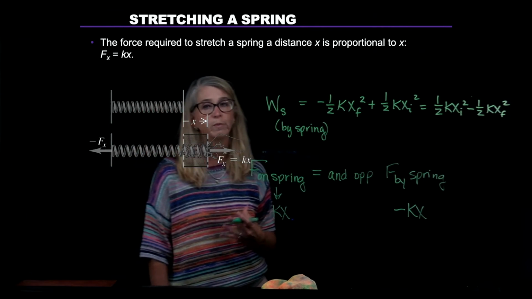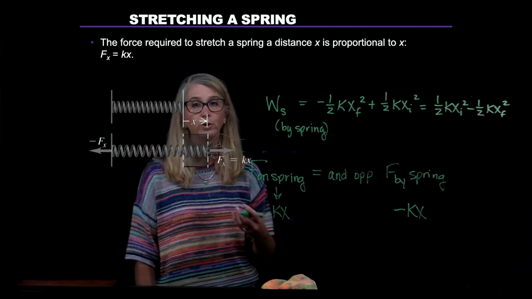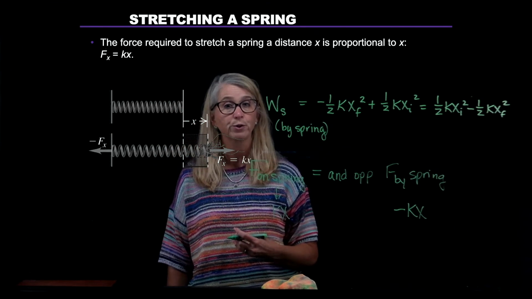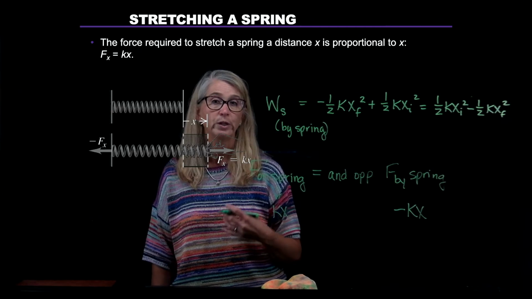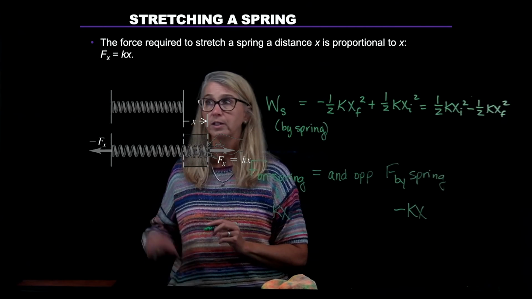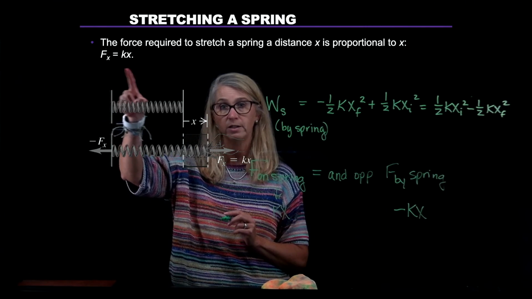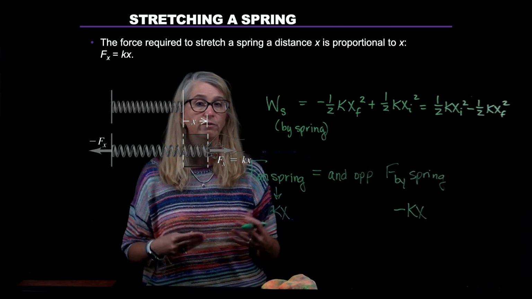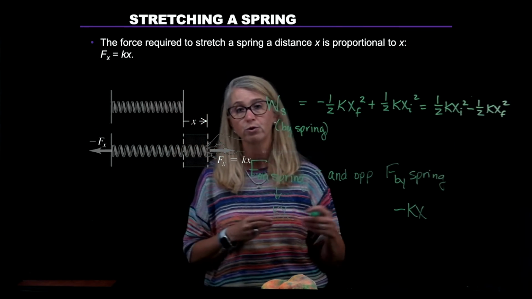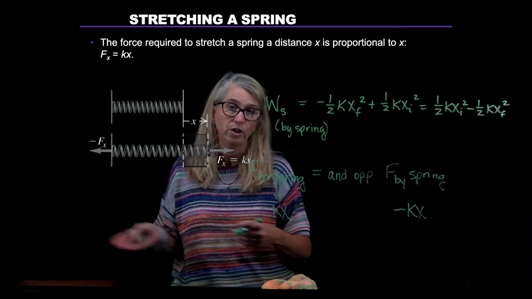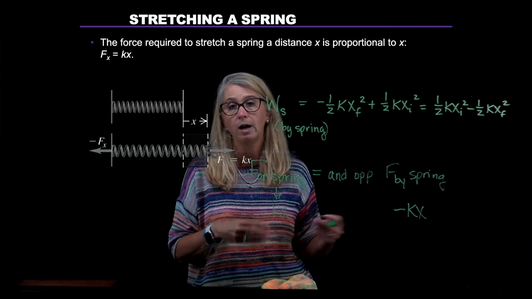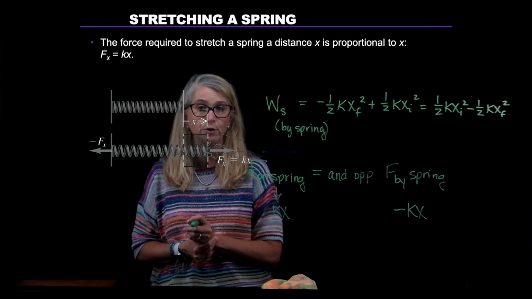So sometimes we might want to think about the work that we do as we stretch or compress a spring. And in that case, we don't have the negative sign in the force. And as you can see right up here, we're just saying it's equal to kx. The reason for that is that in order to stretch it or compress it, we just have to apply a force equal and opposite to the force that the spring exerts.